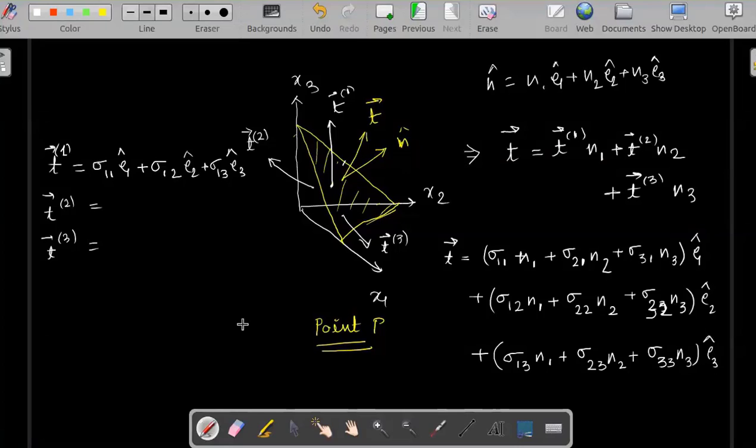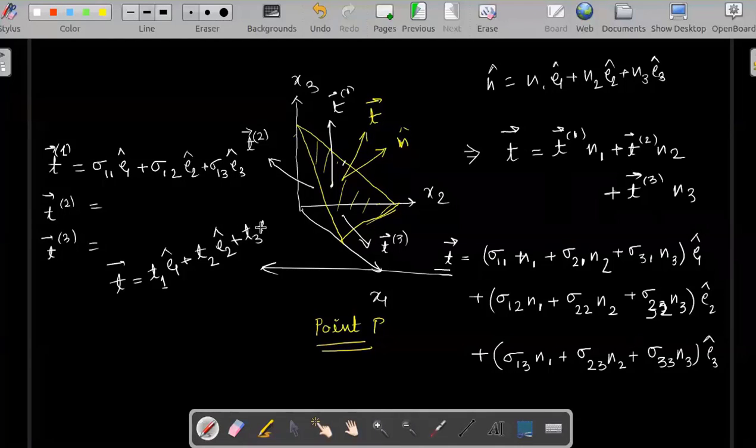Now this traction vector T can be written as T1 E1 cap plus T2 E2 cap plus T3 E3 cap, where T1, T2 and T3 are the components of the traction vector at plane N along the x1, x2 and x3 directions.